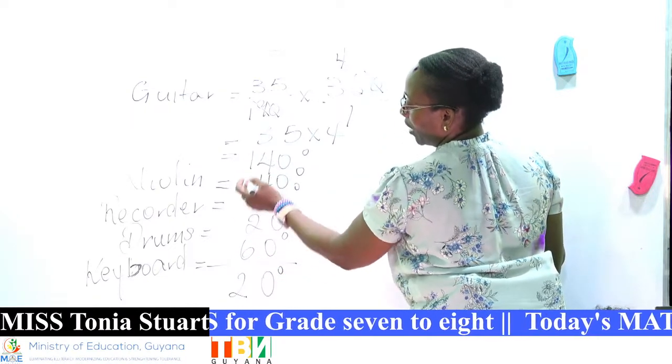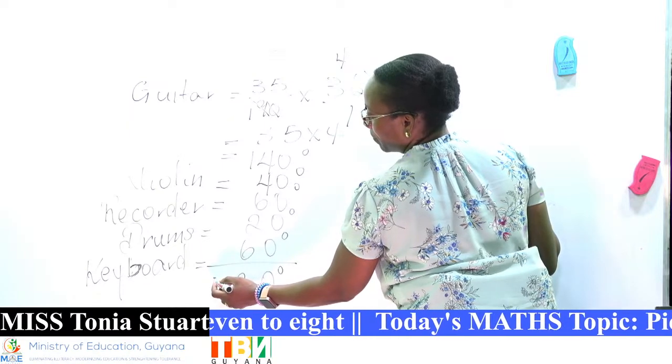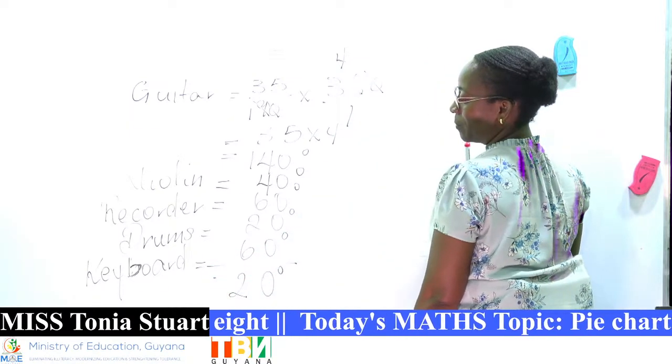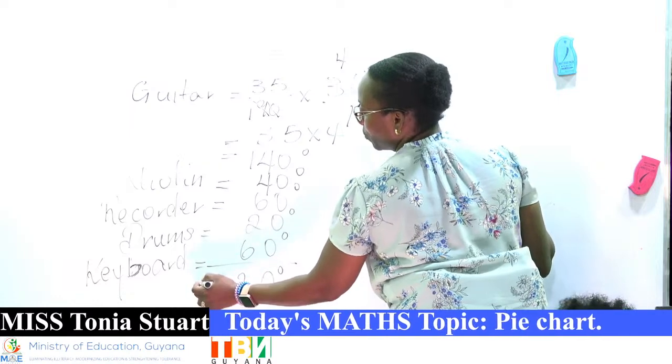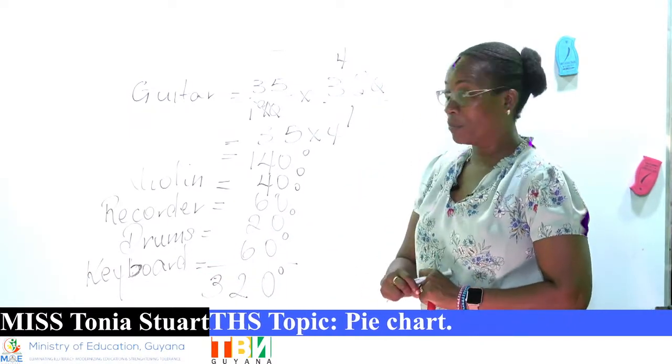So we take the 2, we add it with the 1 we got. We take the 2 and add it to the 1 is 3. And we have 3. How much are we supposed to be getting? 360. Good.